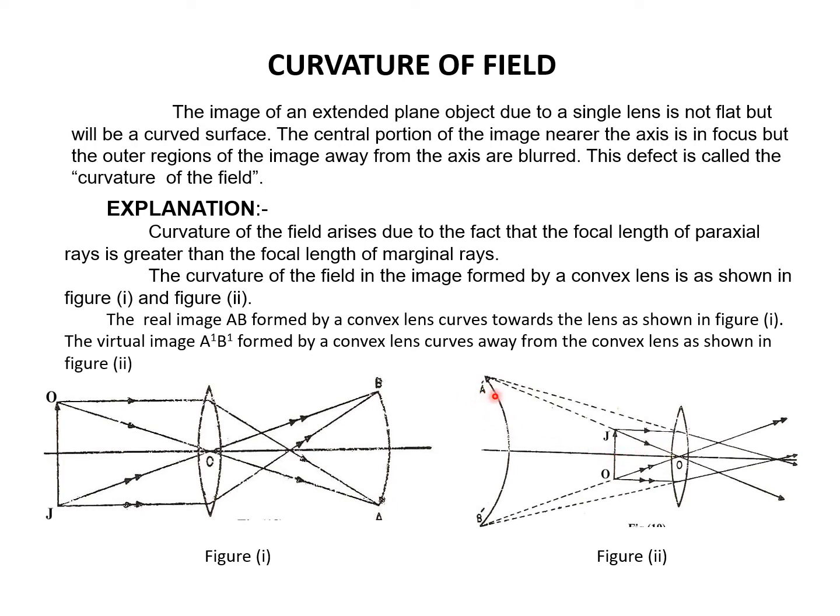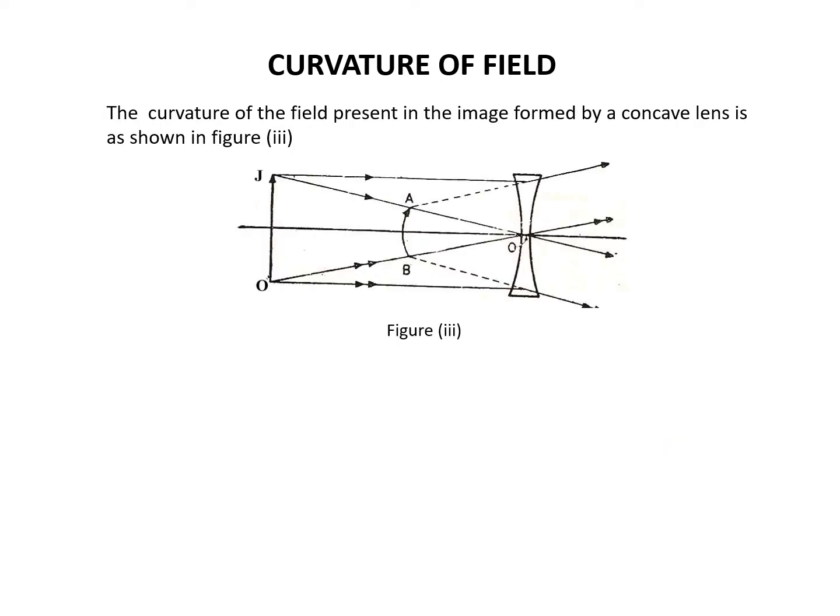In this case, the defect, curvature of field, that means curvature produced in the image, is opposite to the curvature of the convex lens. Thus, in case of convex lens, the curvature defect is of two types, for the real image and for the virtual image. Now coming to the concave lens.